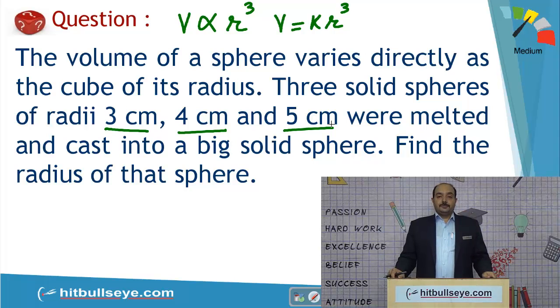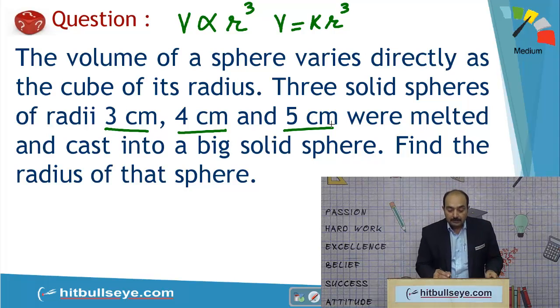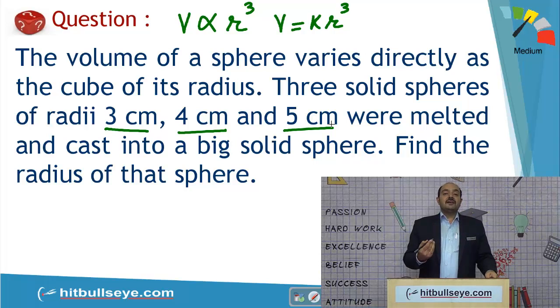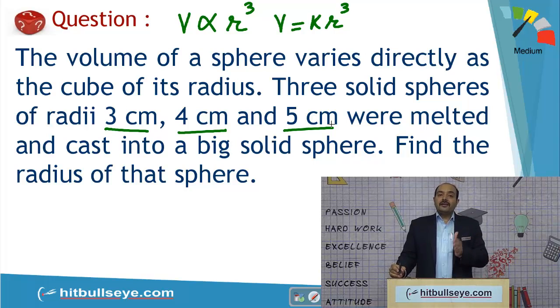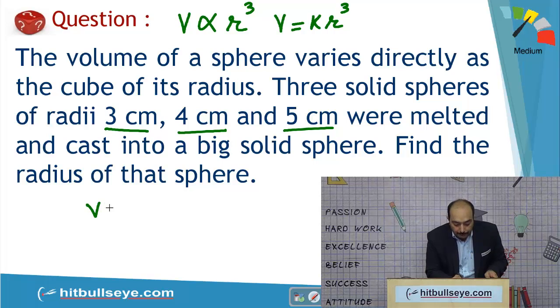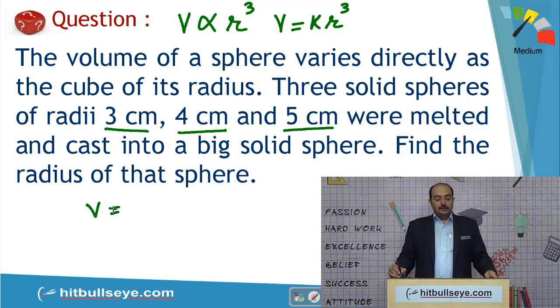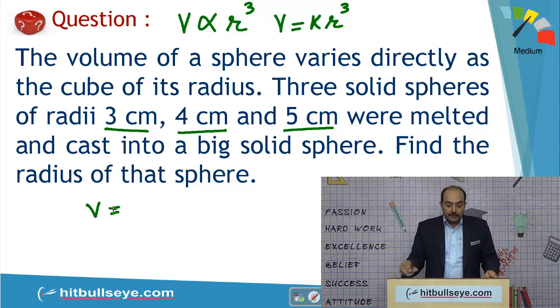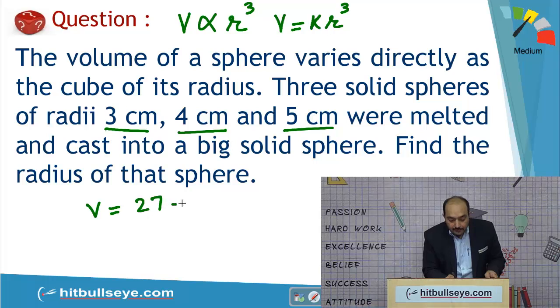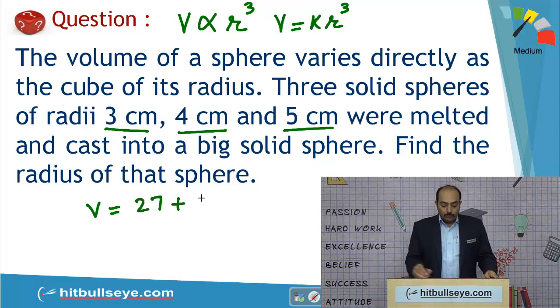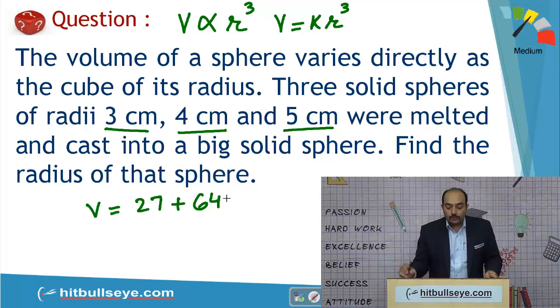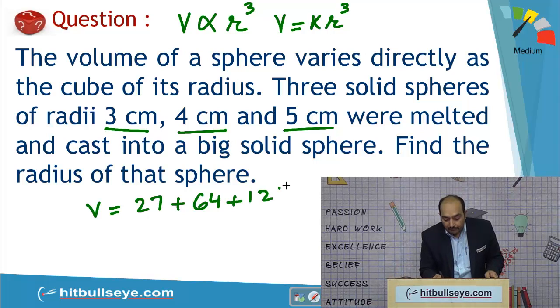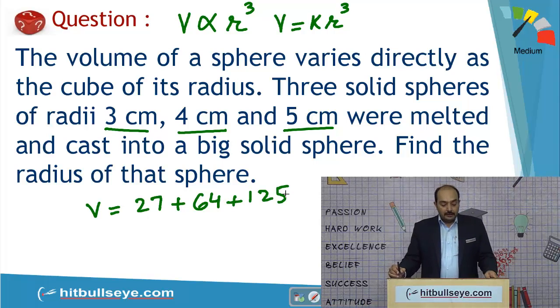of the bigger sphere. So we'll find the cubes of these values, and that would be the resultant volume, and then we'll find the cube root of that to get the radius. So 3 cube is 27, 4 cube gives us 64, and 5 cube is 125.